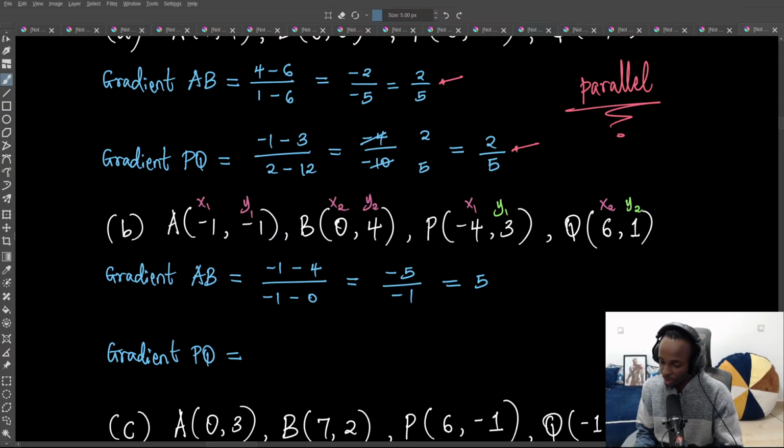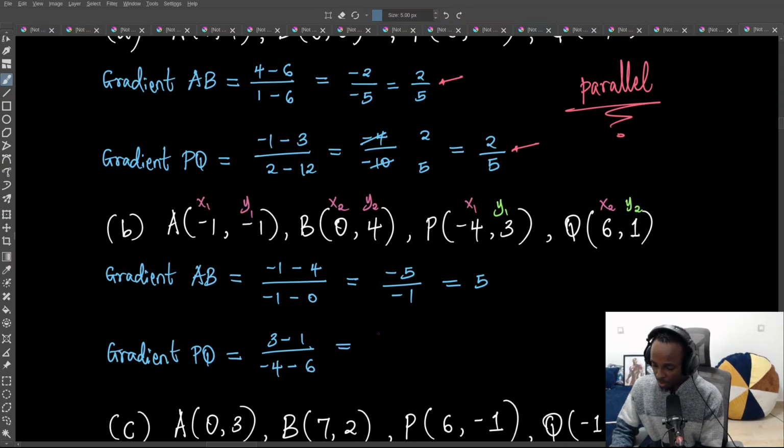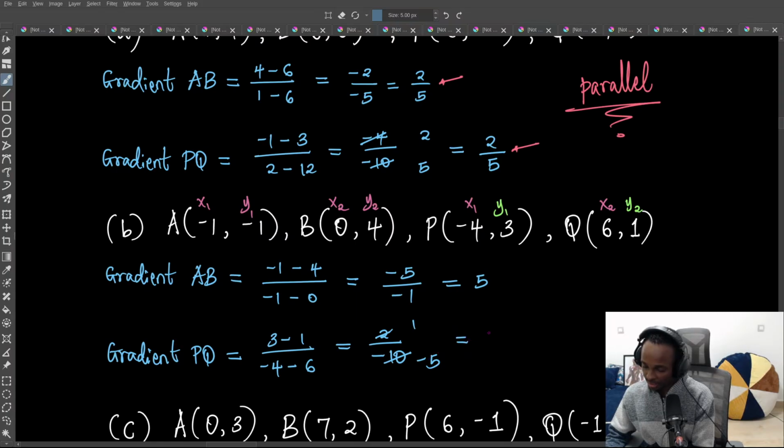So the gradient of PQ will be the change in y, which is y1 minus y2, so that's going to be 3 minus 1, over the change in x, which is x1 minus x2, and that's going to be negative 4 minus 6. So 3 minus 1 will give us 2, all over negative 4 minus 6, which will give us negative 10. And then by 2, this is 1. By 2 here, we have negative 5. So this is the same as negative 1 over 5.